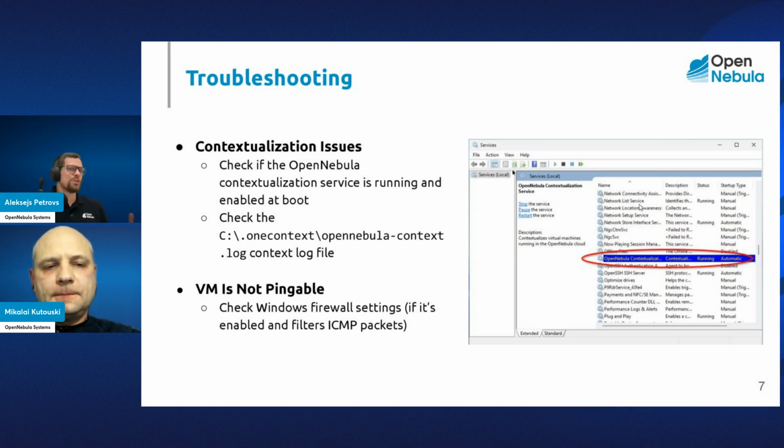So if your virtual machine is not pingable, it's not necessarily the Windows firewall. It might be something in the security groups. So yeah, sometimes it's the virtual machine, but sometimes it's something else.